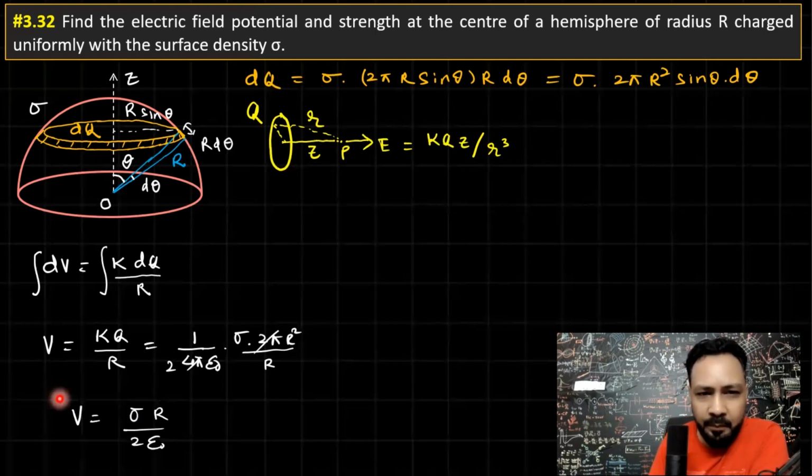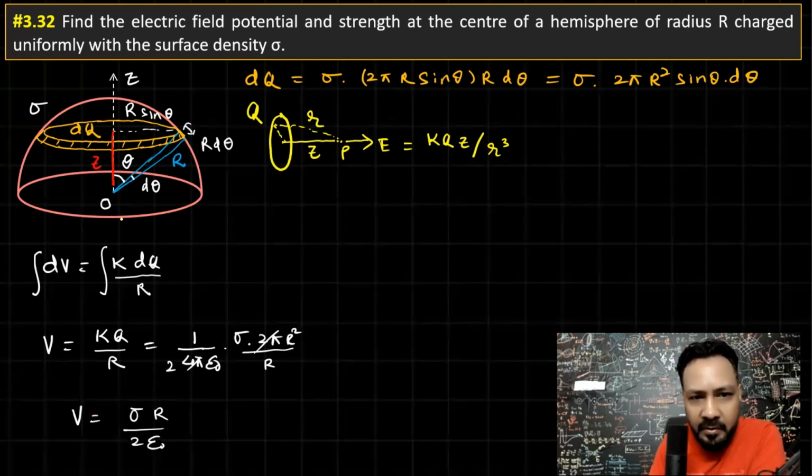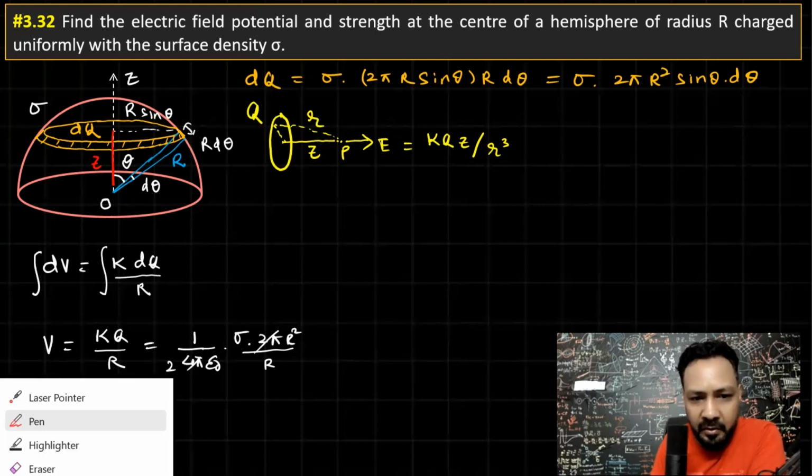So same here, this is a ring, and this line is an axial line for this ring. This is the center of the ring, and here I have to find the electric field. Suppose this is z, and because of this ring, the electric field will be in the away direction if it is a positive charge.